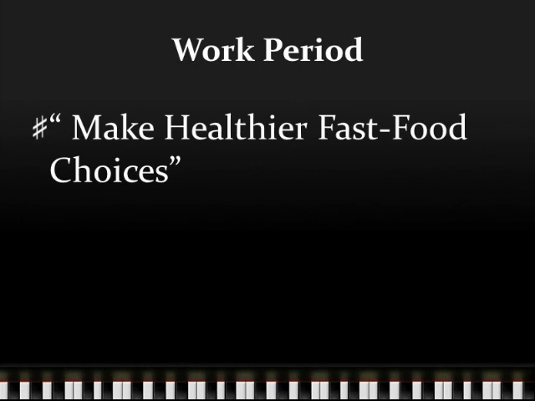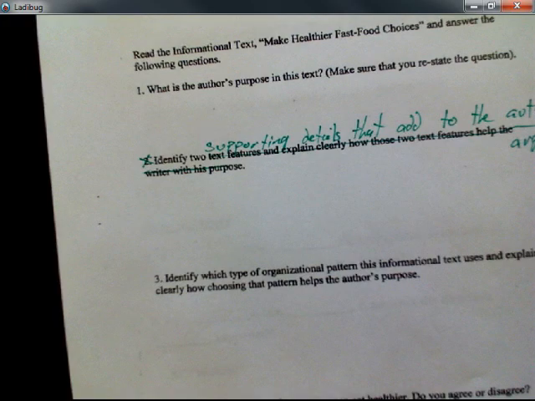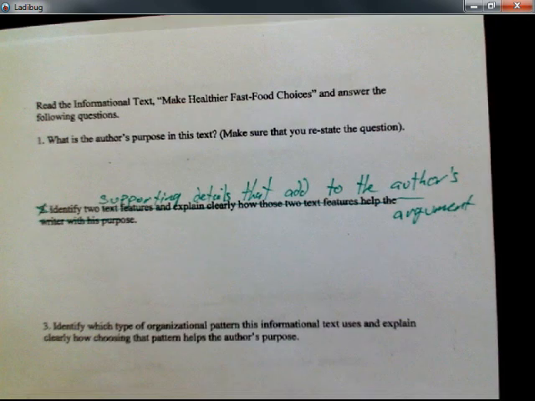First thing I want you to do, look at the short answer questions. You are actually going to change number 2. Number 2 is now going to ask this: identify two supporting details that add to the author's argument. You're not answering 2 as it is written.